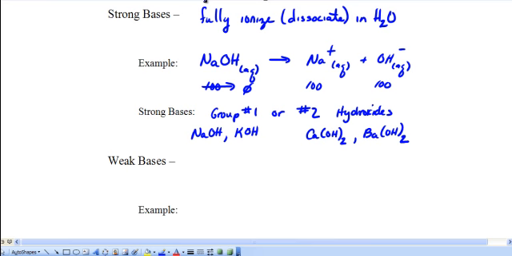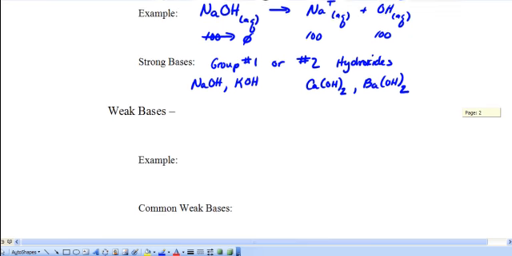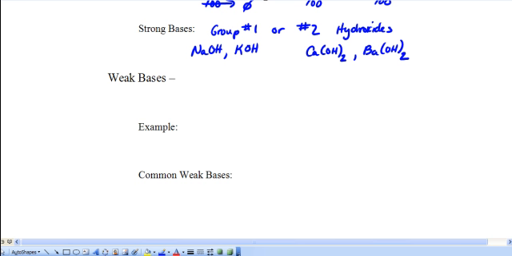Now, weak bases would be any of the other bases. And the weak bases are only going to partially ionize in water. For example, if I take some generic base, we'll just say B, and you put that into water.